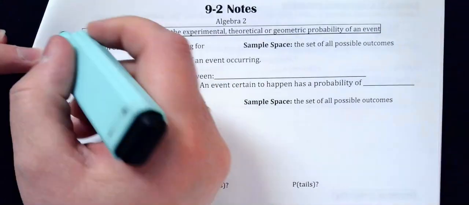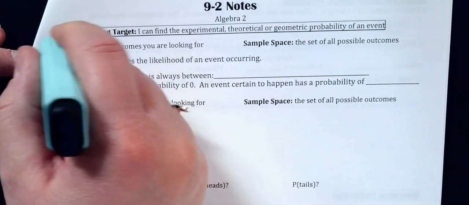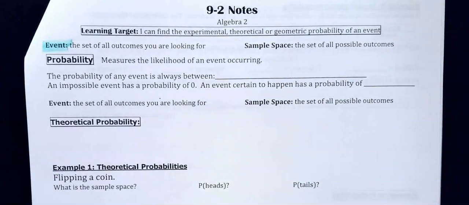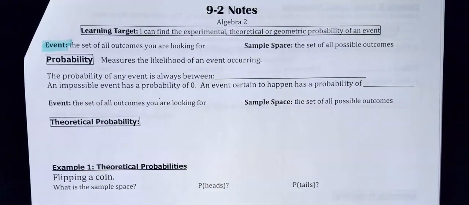An event is the set of all outcomes you are looking for. For example, if I flip a coin and I want to get heads, the event I'm looking for is me flipping a coin and getting heads. Or if I want to flip a coin and get tails, the event would be getting tails.